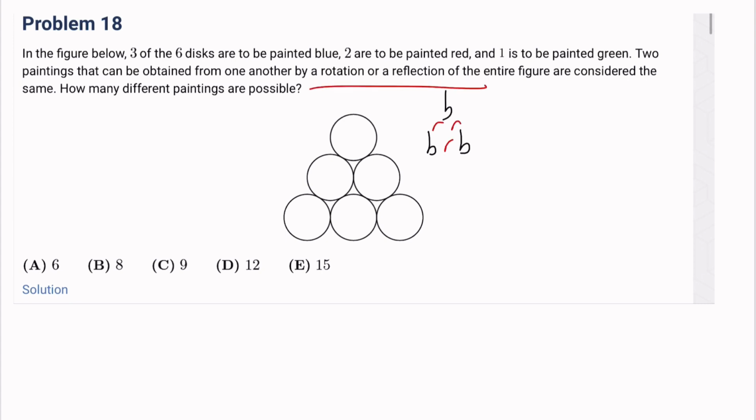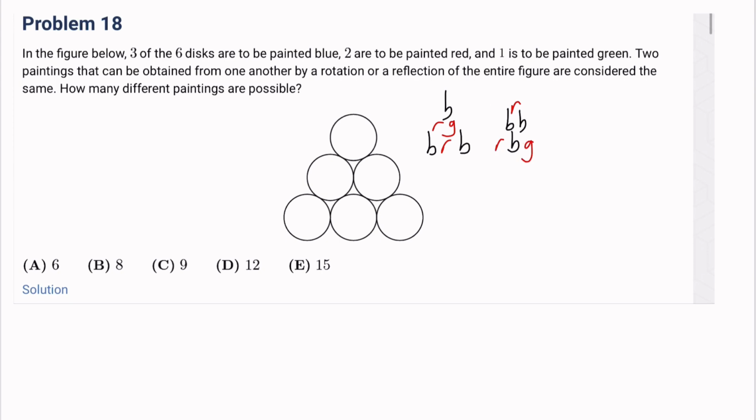Because a rotation or a reflection of the entire figure is just the same, right? And so red, green, so that would be 1, and that's it for the combinations with B like this. And so now what if B is like this, right? That would also be B, and we would have R, G, and that's just 1 because when we rotate the G, that's the same as rotating the whole thing.